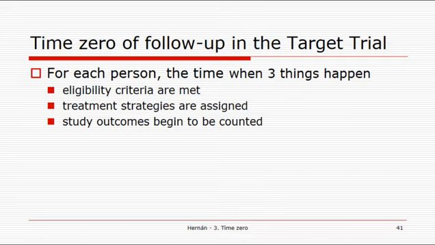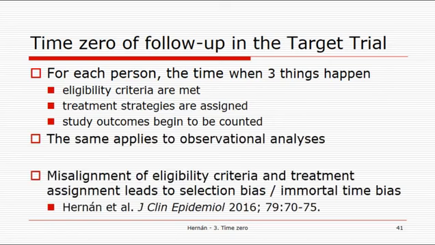So time zero is where those 3 things happen, and they happen at the same time, at time 0. In observational studies, we should do the same thing. If we are conducting an observational analysis and we really want to emulate a trial, time 0 has to be the time where those three things happen.